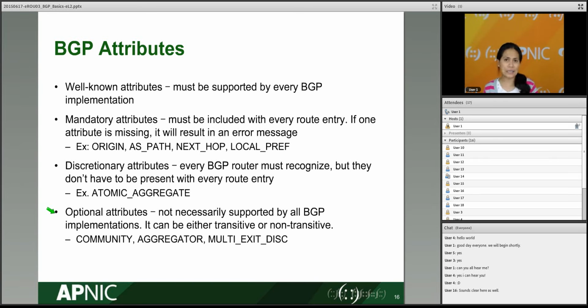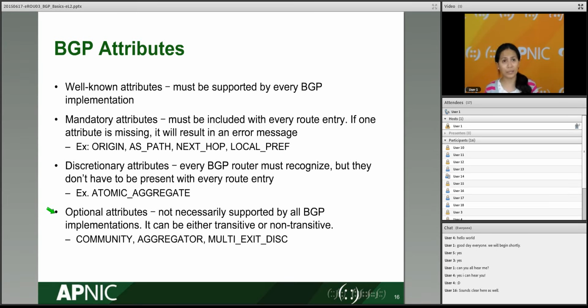If an attribute is transitive optional, then it should be passed along intact to other BGP speakers, even if this particular router does not understand this option. If it's not recognized by a router but it's transitive, it will be passed on forward. If it's non-transitive, on the other hand, it will be dropped from the route information, and the rest will be sent forward. So those are the differences.